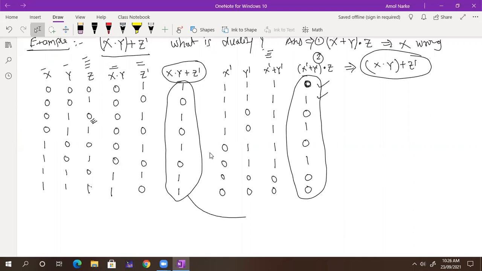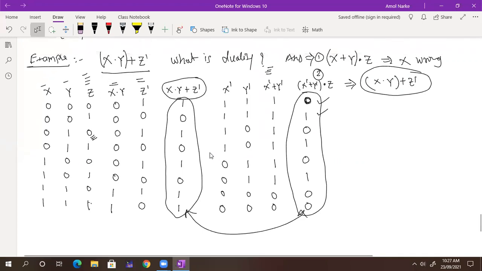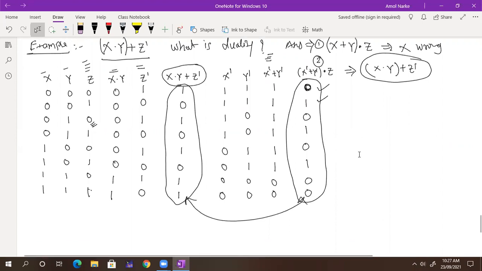But I will give you brief information about this in the next lecture. Is it okay? Where we are stuck: whether these two tables are equal or not for the duality statement. Got it? Yes, sir. Okay. So we are stuck here.